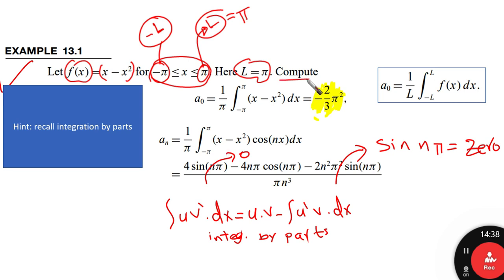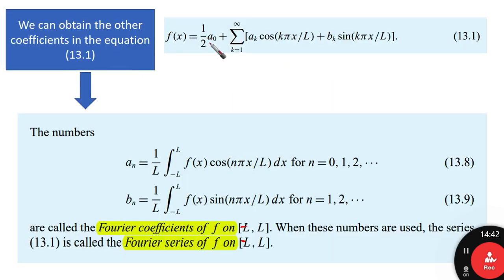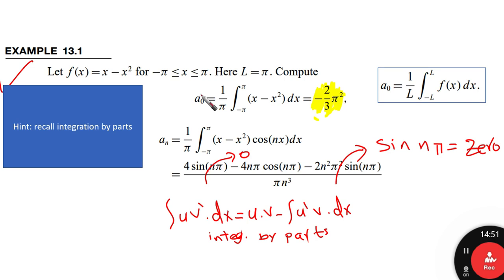First of all, we need to compute the coefficients. So remember, we want a naught, an, and bn, right? Now a naught is not a big deal because we have already done it before. Do you remember this equation? a naught equals 1 over L, the integration from minus L to L of f of x dx.